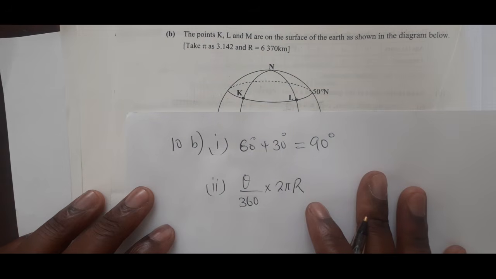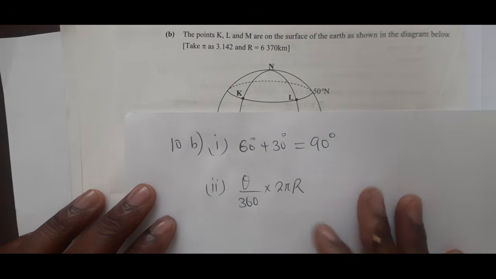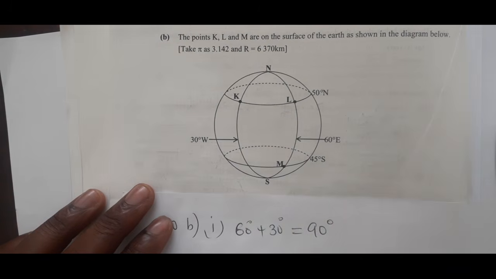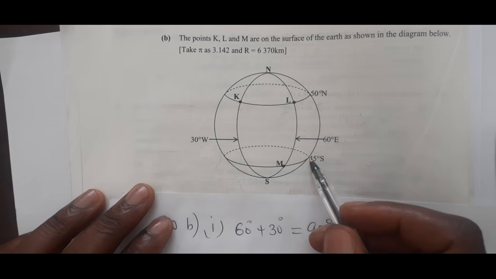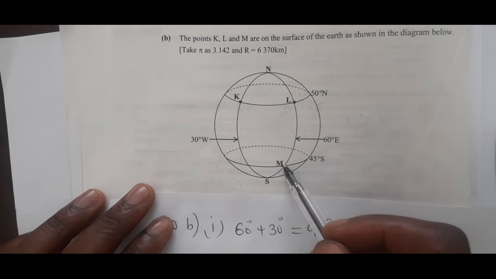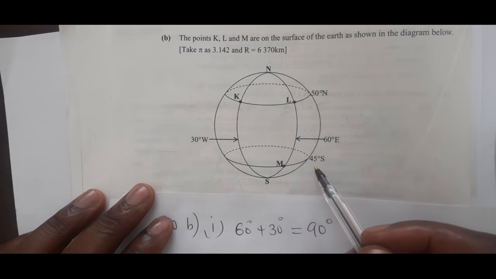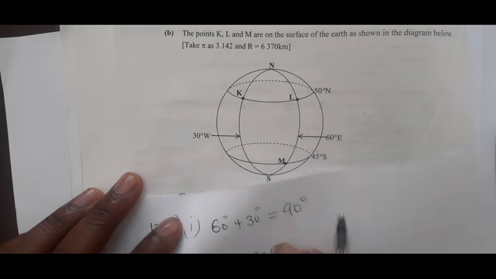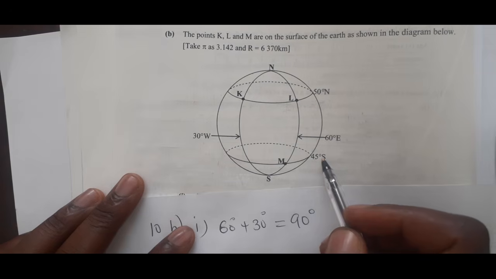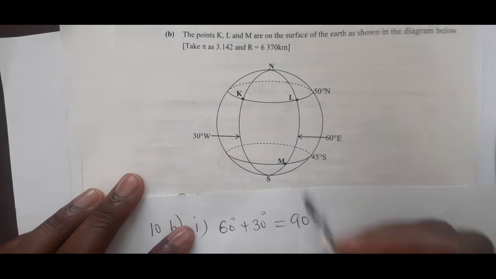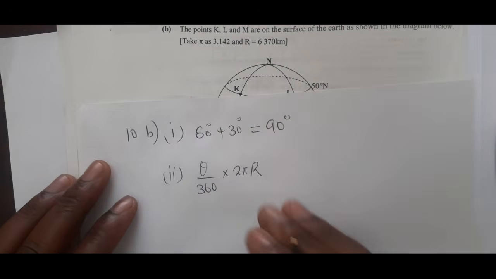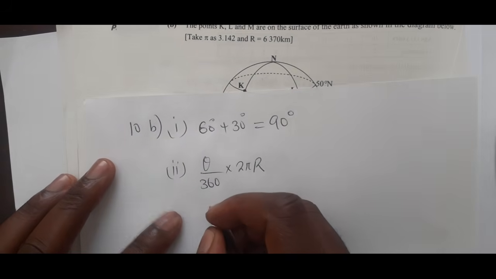Okay? What are we supposed to do here? Theta is the difference in the latitude here, so M is 45 south, this is 50 north, so we need to add these two. When you add them, they'll give you 95.